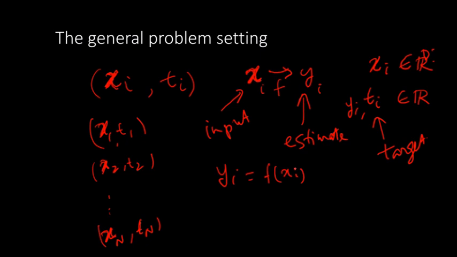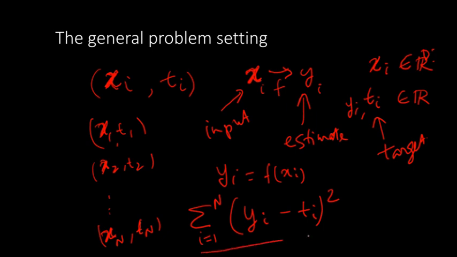Once it comes close to the target, it can go either above the target or below the target. We want to penalize both going above and below the target. So we will say let us minimize yi minus ti, and we will take the square of that, and we will sum it over all values of i equal to 1 to capital N. And we might want to divide this by n so that it is an average value, and we might want to add a half in front of it.